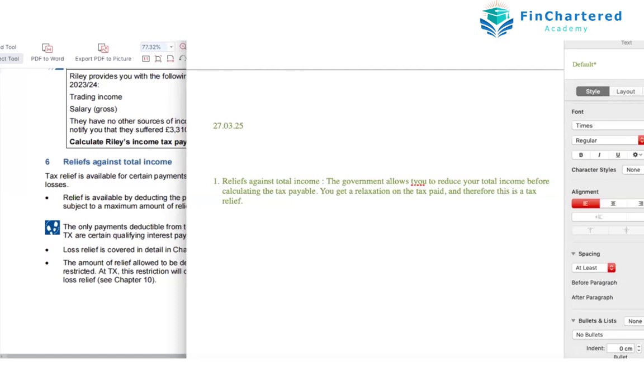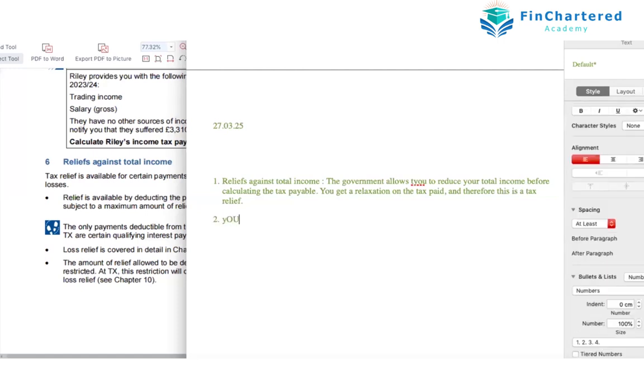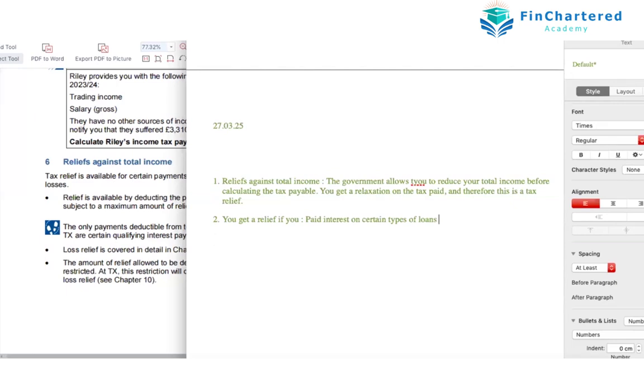Now you get a relief when you paid interest on certain types of loans, right? Or you get a relief when you suffered a business loss.